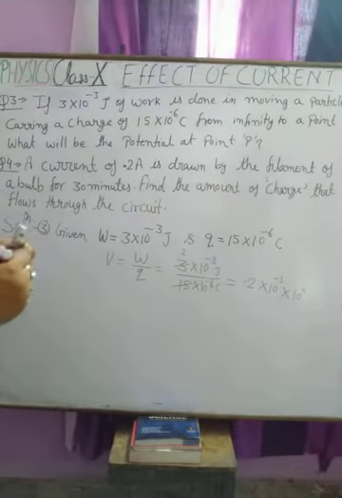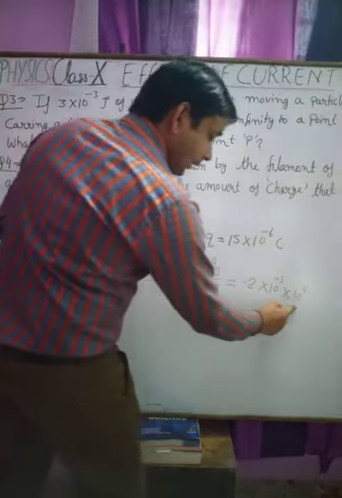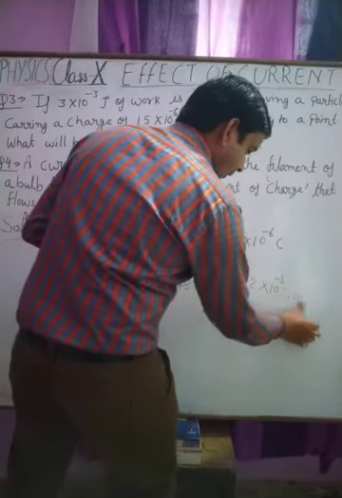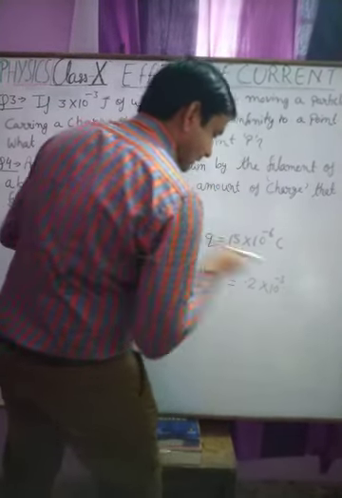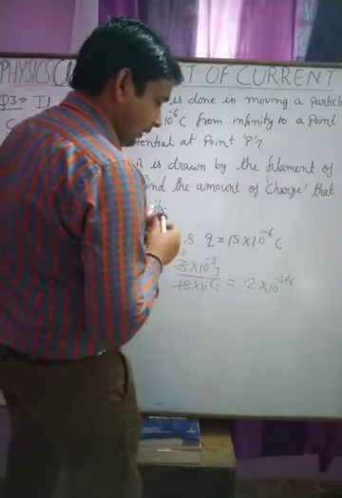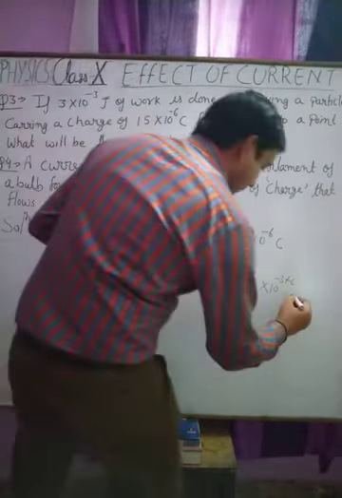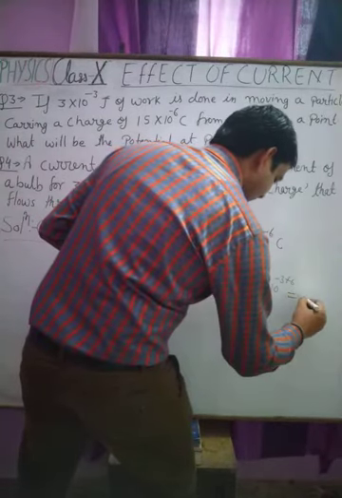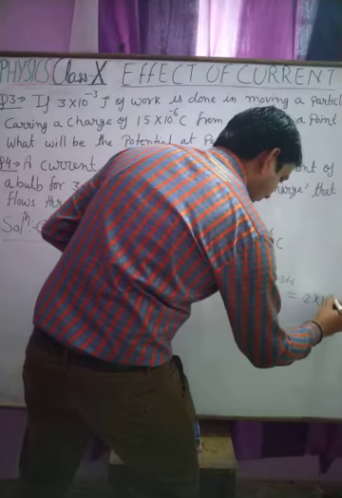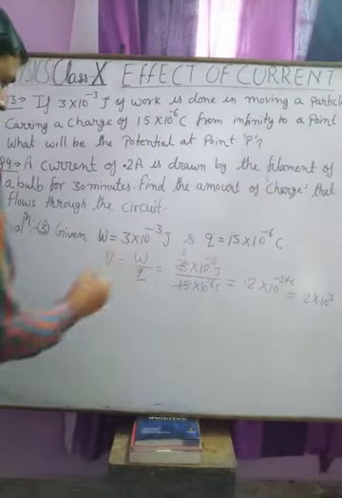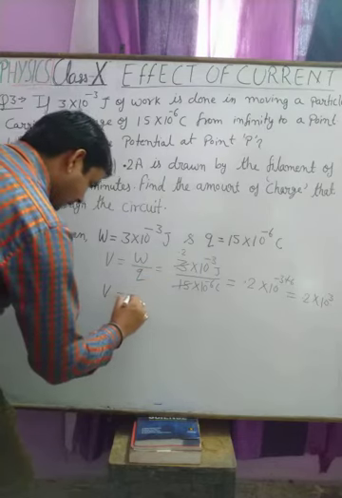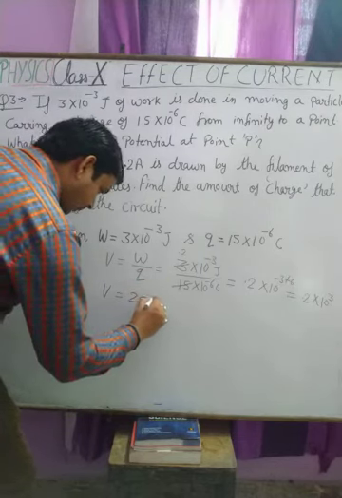Okay, so when we solve the powers of 10, we get plus 6 here. Now we get this value as 0.2 into 10 to the power 3, and on solving this we get the potential at the point P as 200 volt.